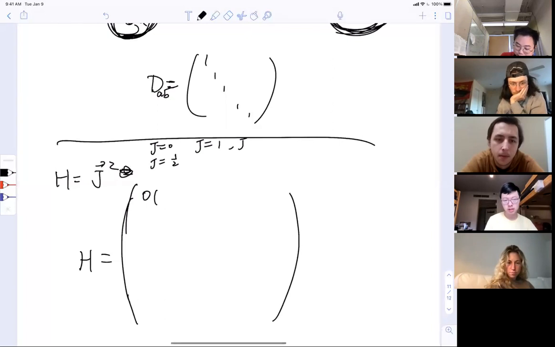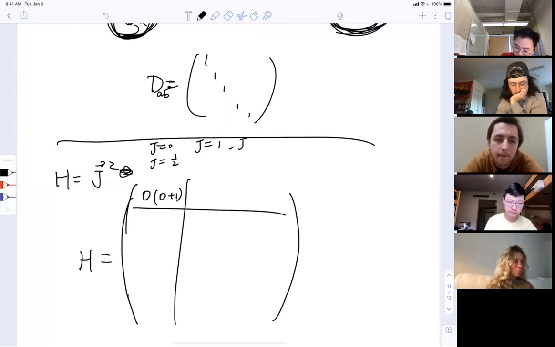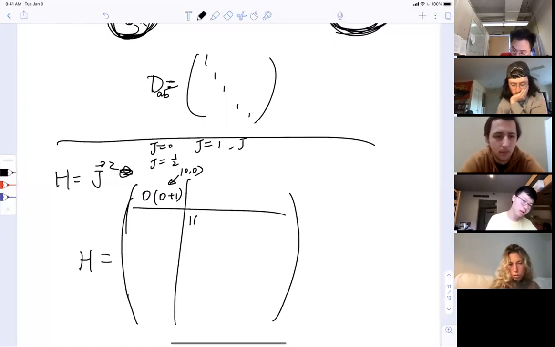And then it's like 0, 0 plus 1. Also this one corresponds to the 0, 0 state, and this H can be 1, 1 plus 1. Let's ignore the H bar.